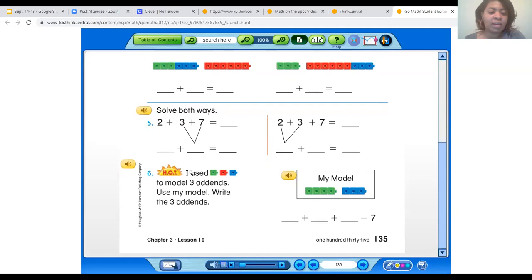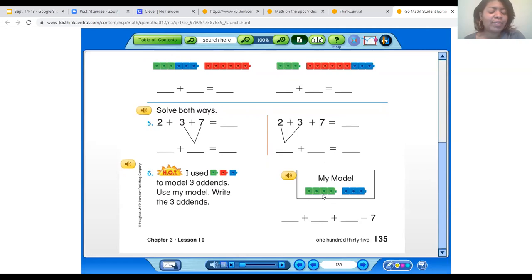All right. So let's look at the hot problem. Let's see what was used. Green cubes, red cubes, and blue cubes to model 3 addends. Use my model, write the 3 addends. So let's see. Blank plus blank equals 7.